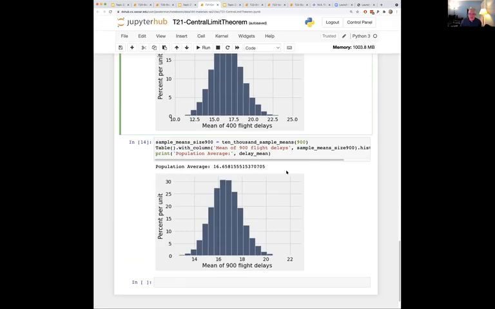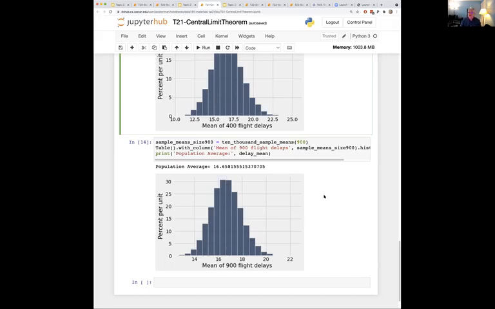So the intuition here is that there are two takeaways from this demo that I want you to come away with. One is that as we increase the sample size from our population, our variance around the average gets tighter. We're basically honing in, narrowing in, getting a smaller variance around the average.